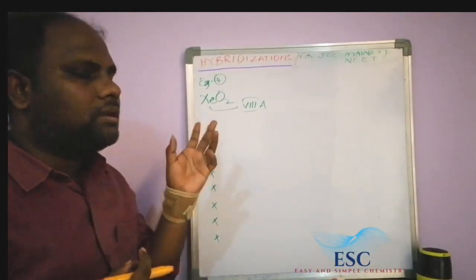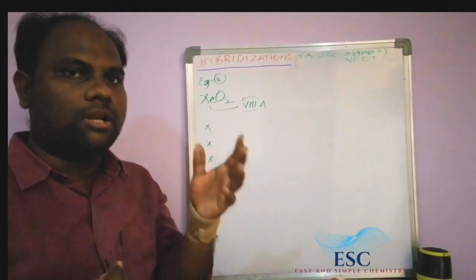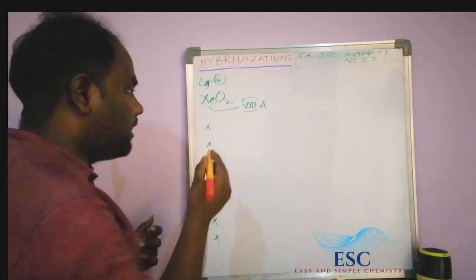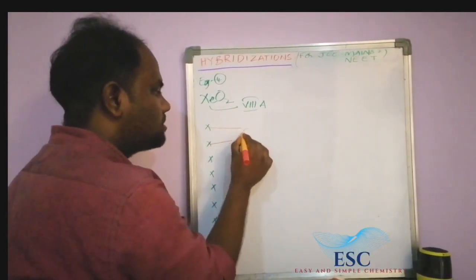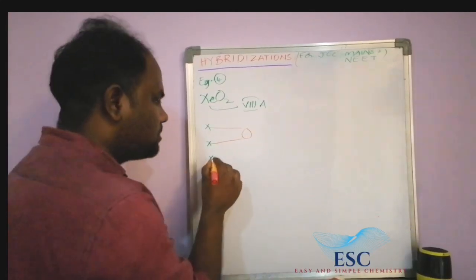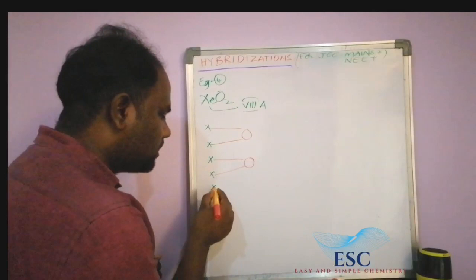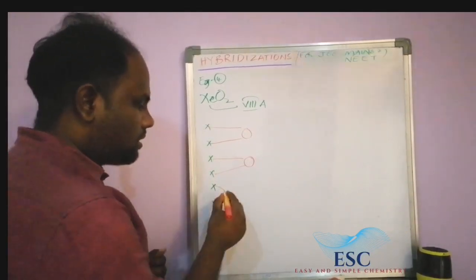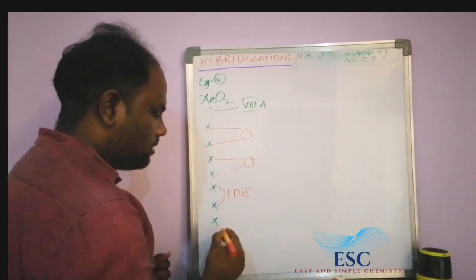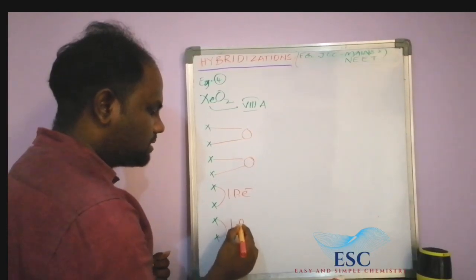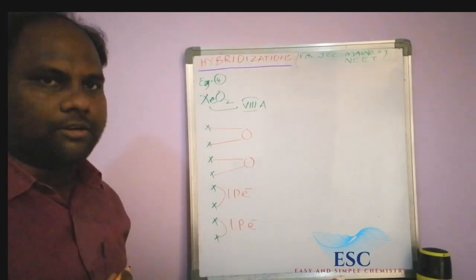But here oxygen forms a double bond, so we write 2 cross marks for 1 oxygen. Here also 2 cross marks for 1 oxygen. The 2 oxygens are completed. The remaining 2 cross marks are called a lone pair of electrons.